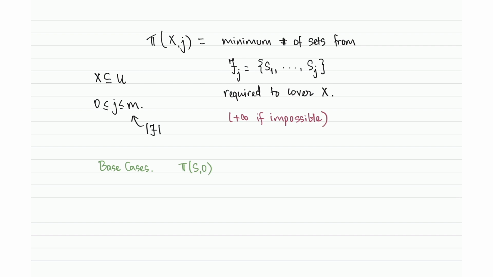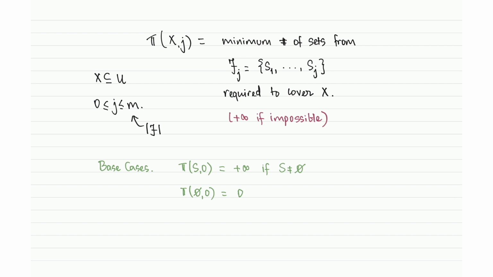So if s is non-empty, then the answer here should be plus infinity. If s is the empty set, and of course the empty set is a legitimate subset of the universe, then 0 is okay because you have no work to do and nothing to be done. So in this case, the answer is simply 0. So that's the base case.